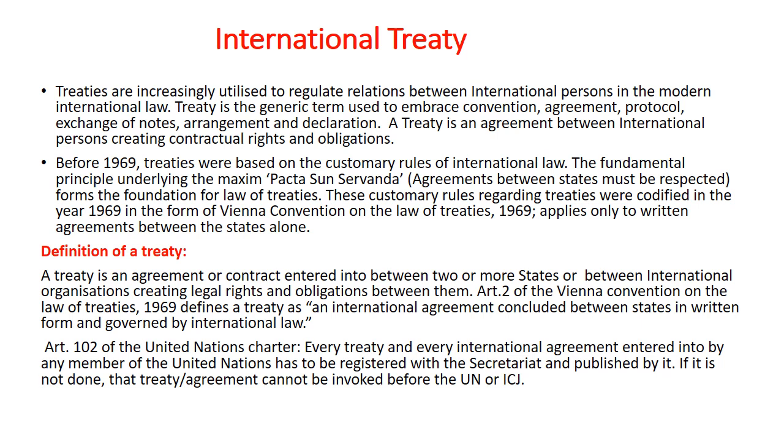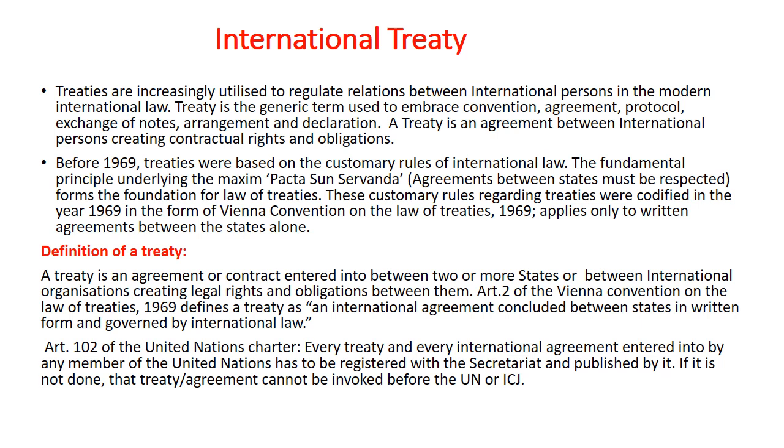Let us get into the definition of a treaty. A treaty is an agreement or a contract entered into between two or more states or between international organizations creating legal rights and obligations between them.